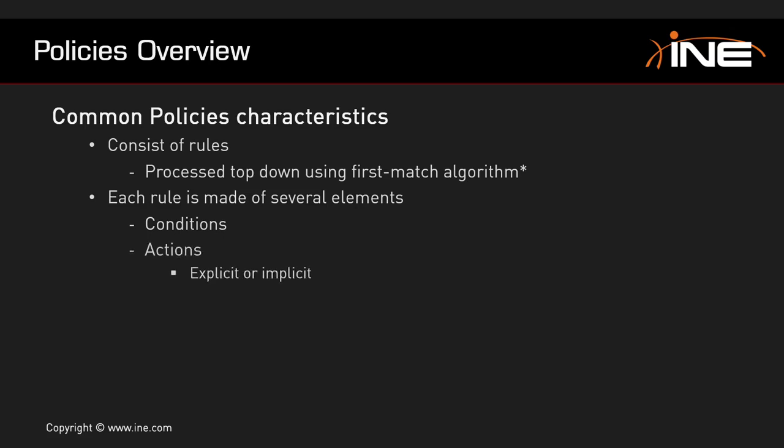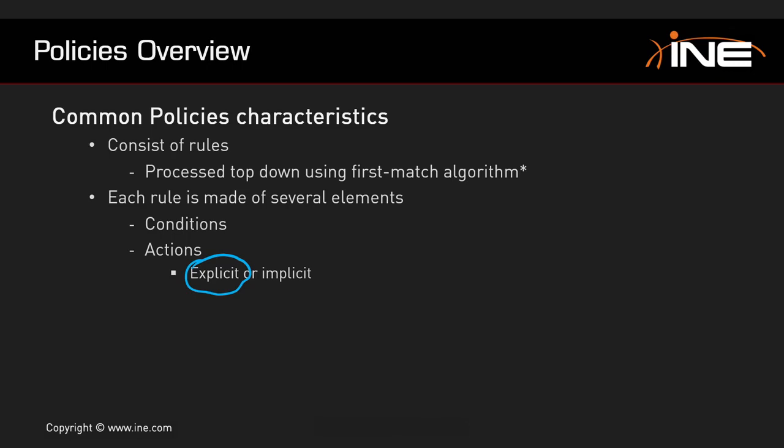Of course, as I said, the main purpose of using a policy is going to be to do something with the traffic that matches the rule. This is going to be our action. And in many cases, we will be explicitly configuring those actions in the rule. For example, I can tell my access control policy that if I have a match, I want to block the traffic, or maybe I want to pass communication to the other engines for additional inspection.